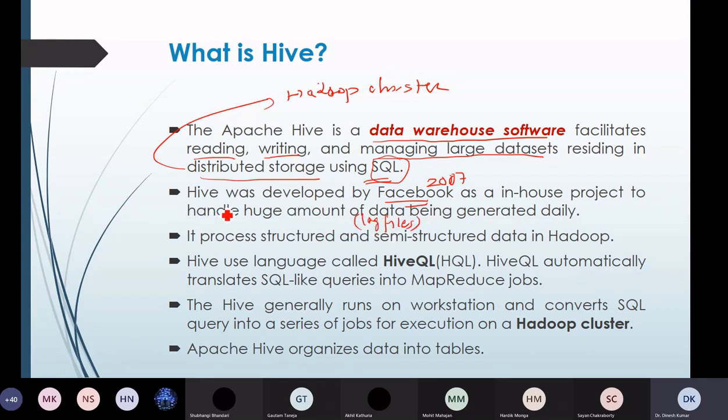This Hive component was a simple piece of software used to handle the log files generated on a daily basis at Facebook. And later, in the year 2008, it was taken by the Apache Foundation.